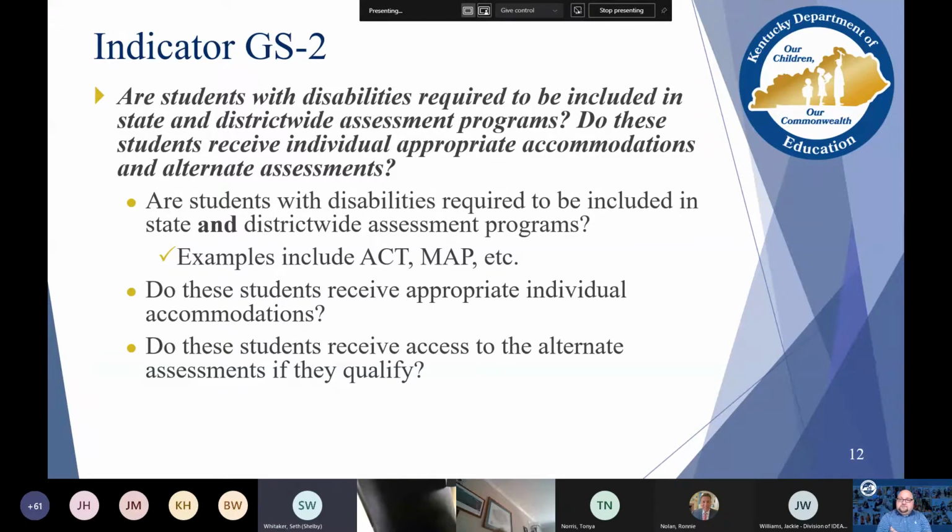So you have to make sure, if it says in there that they are alternate assessment students, they have access on all assessments to the alternate assessments if they qualify. So that's not an option. We're not playing Monopoly. You can't pass go and not collect $200. They have to be afforded access to that.